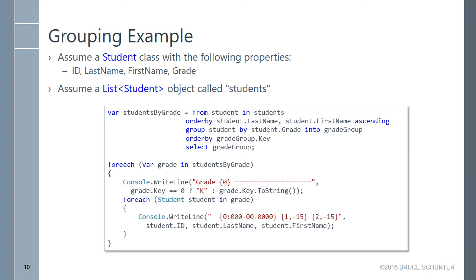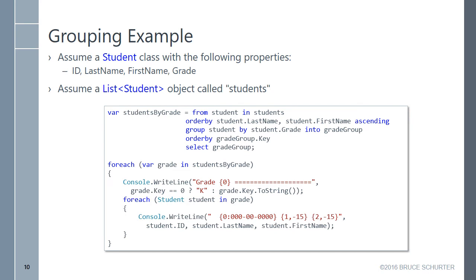So if the grade key is equal to 0, we are assuming kindergarten, and we make sure with the ternary operator, if that's the case, we return a K. Otherwise, we simply return the key, which then will be either 1 through 12, or K if the value is 0. Then we can do a sublist, because grade is also an IEnumerable of type student.